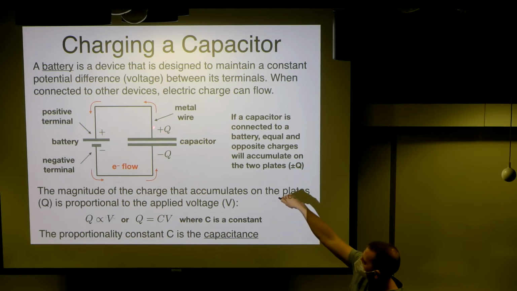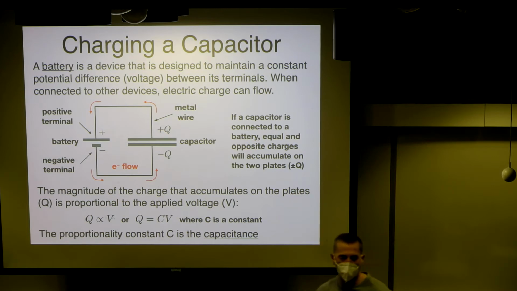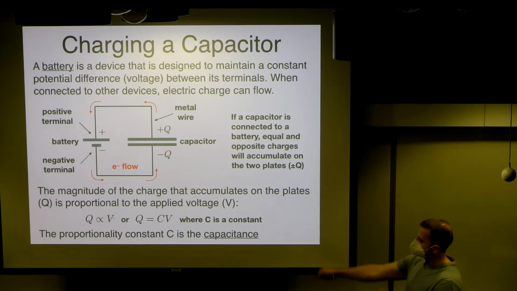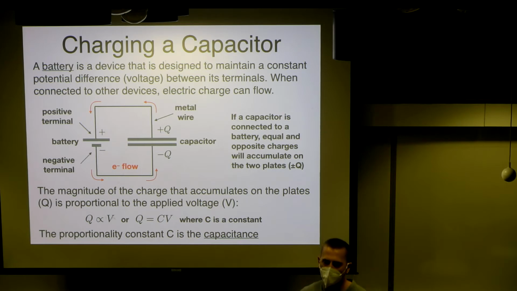Because electrons are flowing away from this plate, it's going to acquire a positive charge. So when you connect a battery to a capacitor, its plates become charged with plus Q and minus Q as the charge. Then the question becomes, well, how much charge is there actually accumulating on the plates? What is the value of Q in any given situation? That's what we want to know.